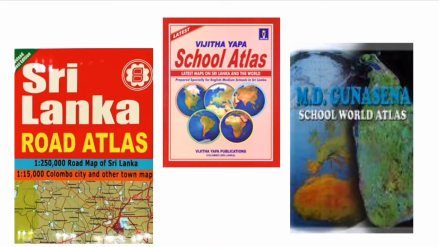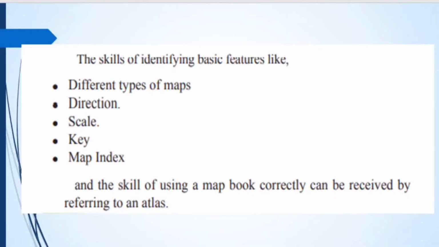So these are well-known map books we use in Sri Lanka. The skills of identifying basic features like different types of maps, direction, scale, key, and map index, and the skill of using a map book correctly can be gained by referring to an atlas.